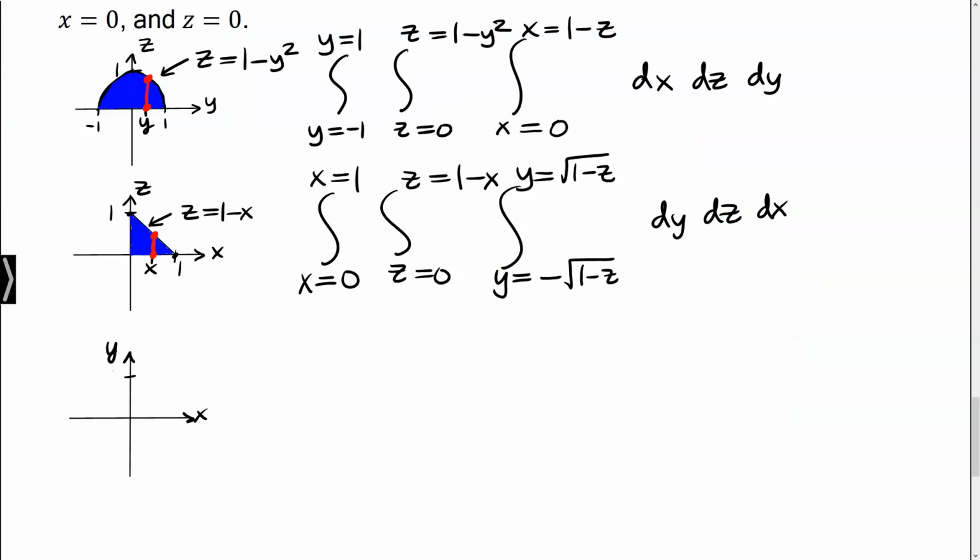So if this is 1, negative 1, 1, then I've got the parabola that goes out like this, and like this. That's fine. And then I've got this vertical line here. So far that's not so bad. But now I have to think of 3 different pieces. The main piece is going to be this one here.